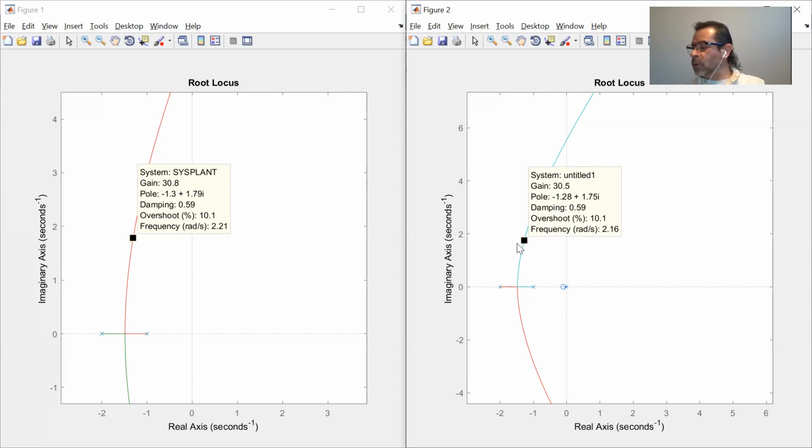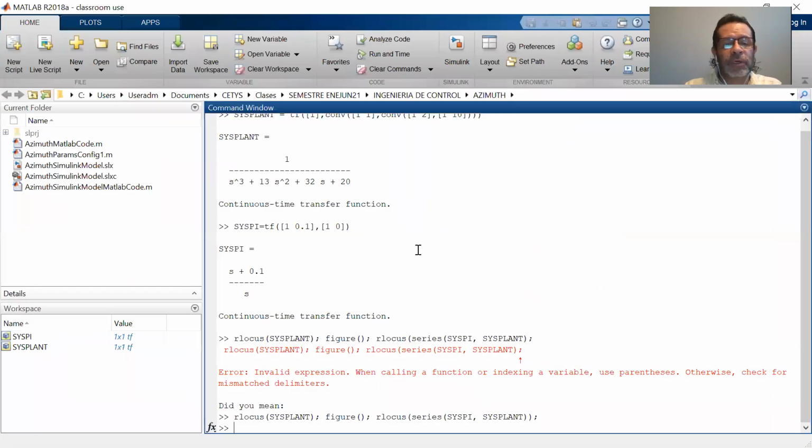So for the first system, we've got a gain of 30.8, and the other one we've got a gain of 30.5. Okay, so let's test those out and see what type of responses we get, and let's see if we can get both of them on the same graph.